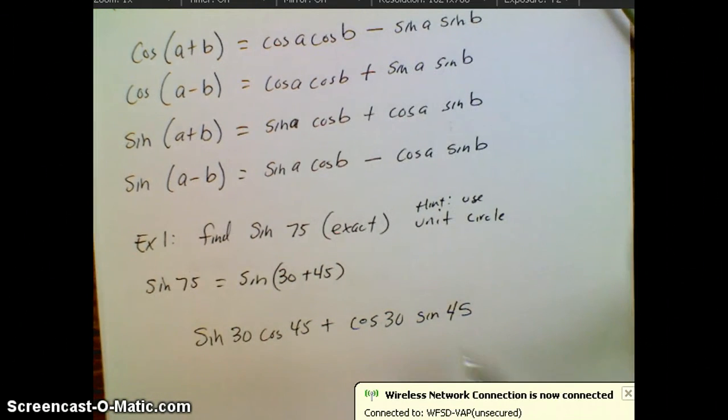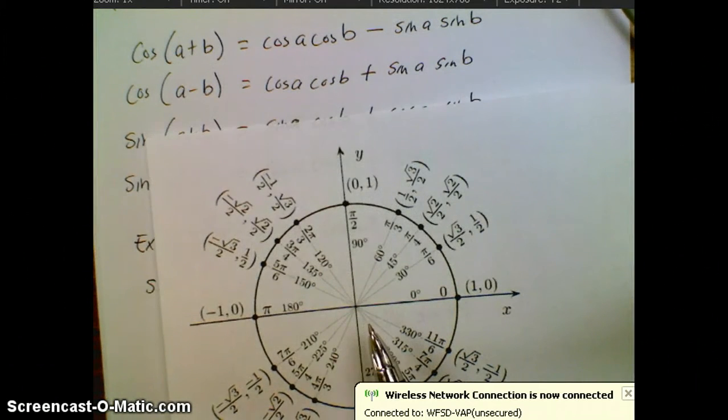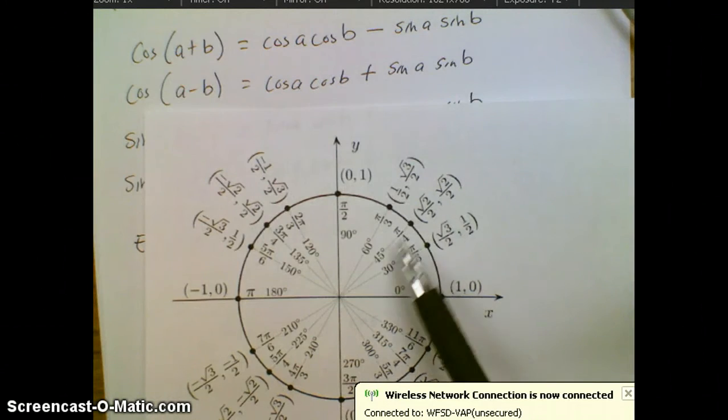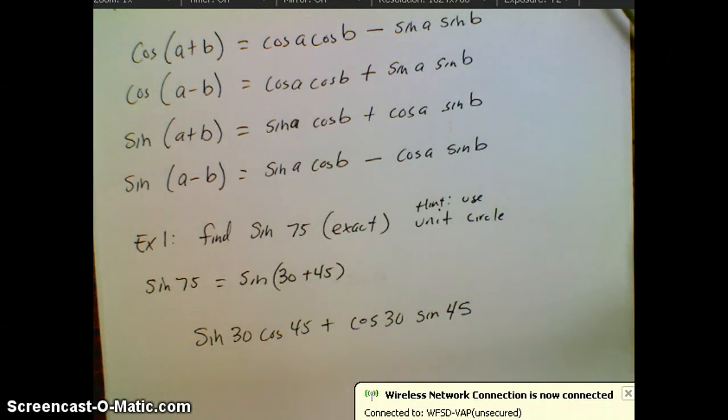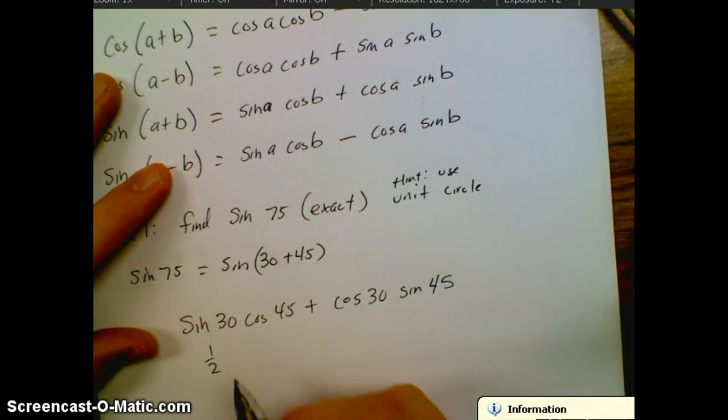And then we go to our unit circle and figure out the sine and cosine values of those. So sine of 30 degrees is 1/2.